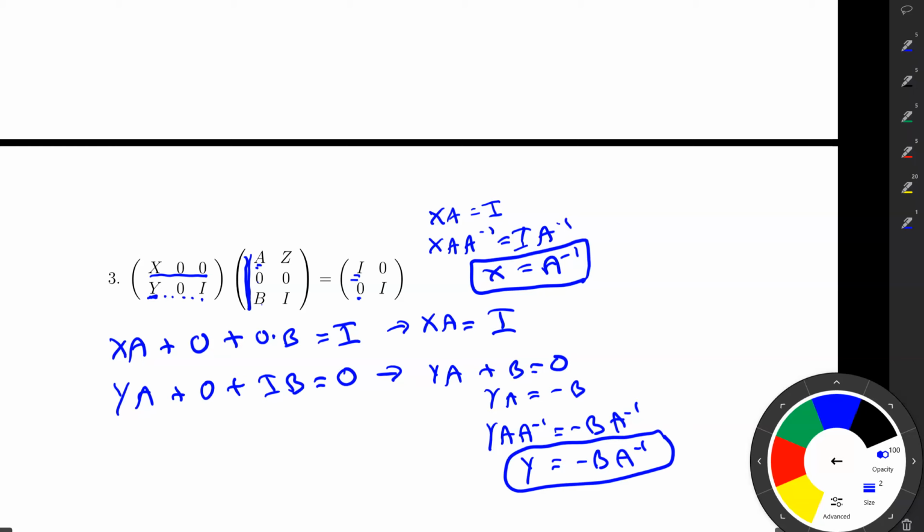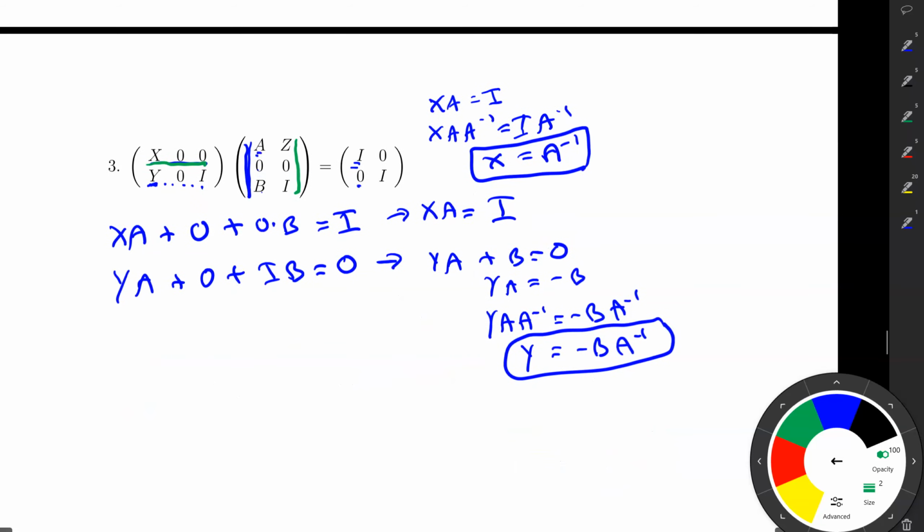So all I have left to do is solve for Z. All right, so let's go do it. I can see if I take this first row times this column, I'm going to get Z in there. Hopefully I'll be able to solve for it. So I have X times Z plus 0 times 0 plus 0 times I, which is 0. And what does that equal?